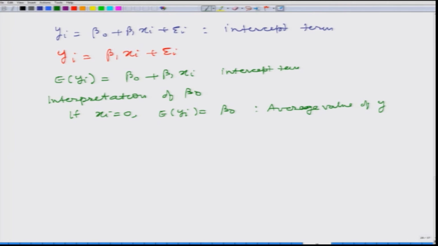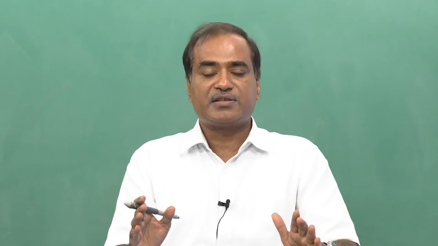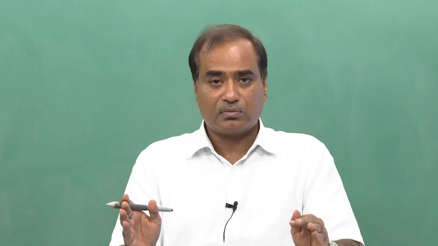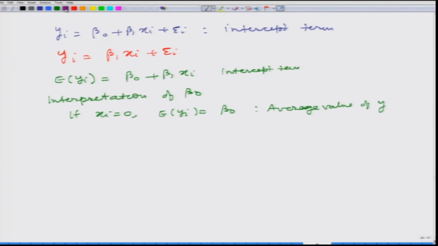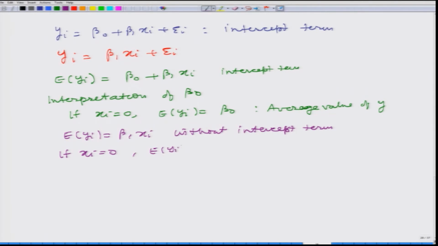Now in this case, when I put 0 fertilizer in the soil, am I getting 0 outcome? On the other hand, if I take the model without the intercept term, that is something like beta 1 xi, then if xi is equal to 0, the expected value of yi is equal to 0.